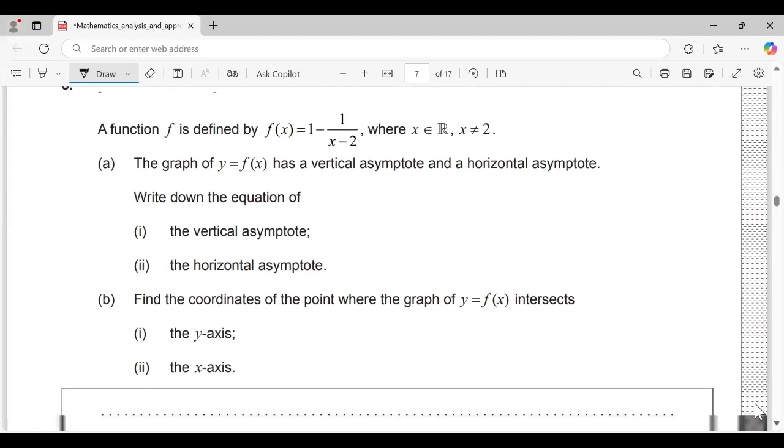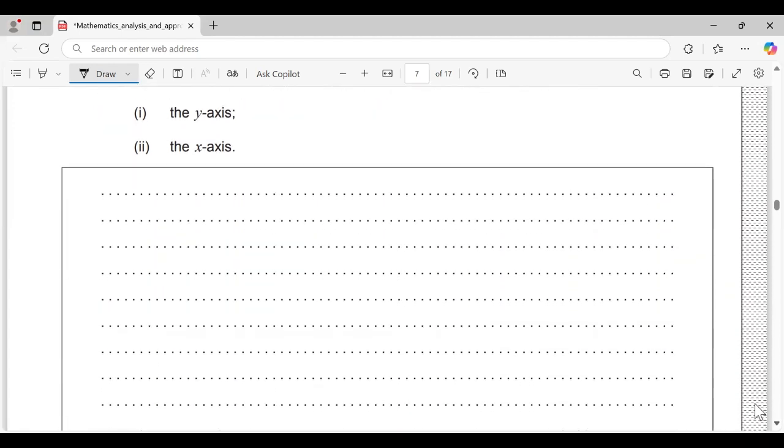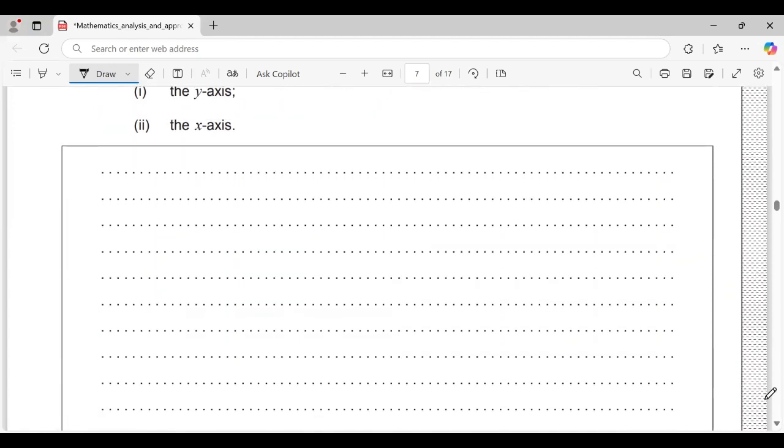So from the function f(x) equals 1 minus 1 over x minus 2, we are going to determine the vertical asymptote and the horizontal asymptote.